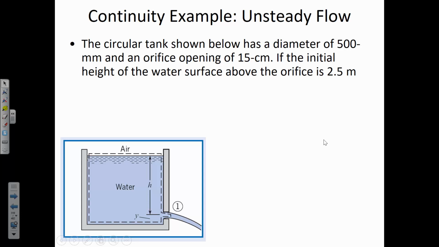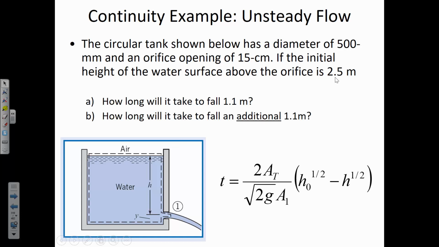And you'll understand that distinction here in this example, where we have a circular tank, and the tank itself has a diameter of 500 millimeters, but then this orifice where the water's flowing out only has a diameter of 15 centimeters. So initially, the height of the water at a certain time was 2.5 meters, and we want to find out two steps here.